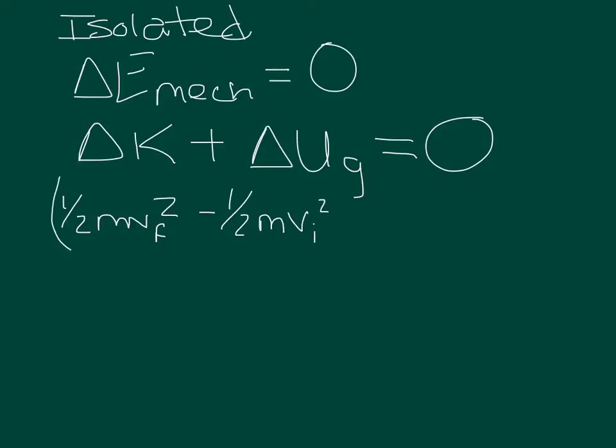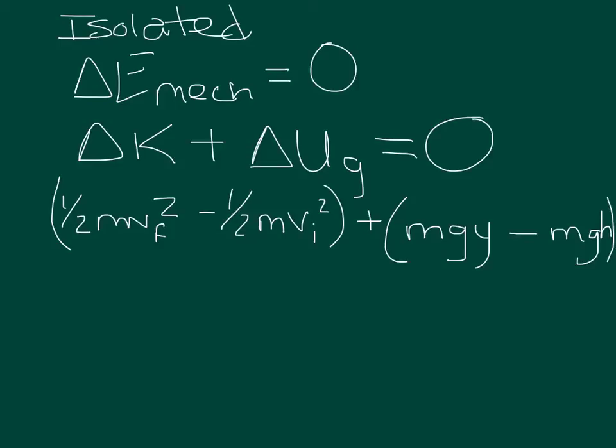So I have all of that, plus my change in gravitational potential energy, which is the final, just mgy, because y would be that final position, minus my initial, which is mgh, because h was the initial position where the ball was originally dropped from the ground.